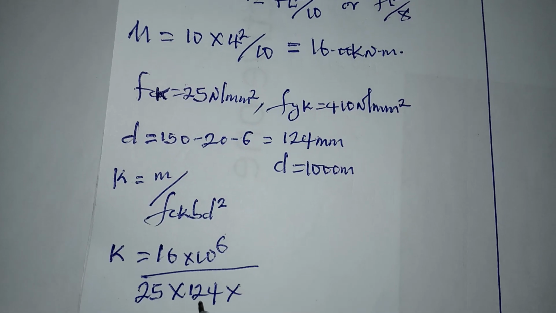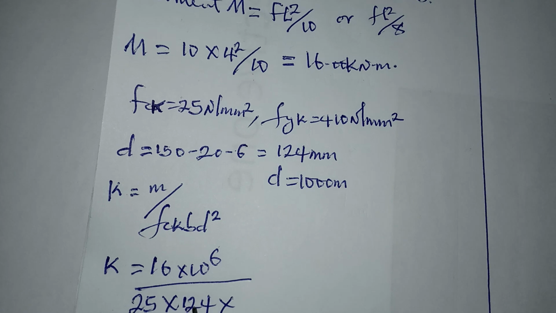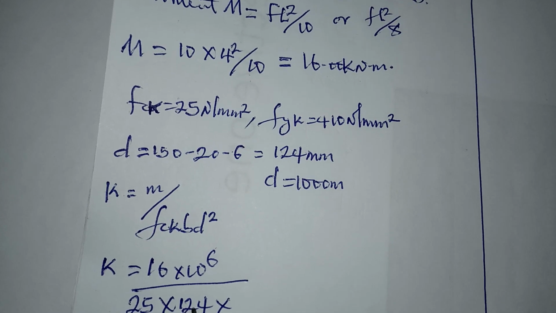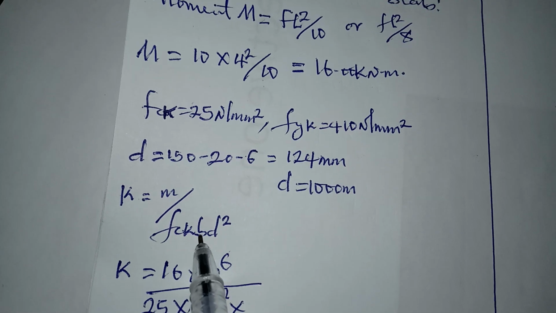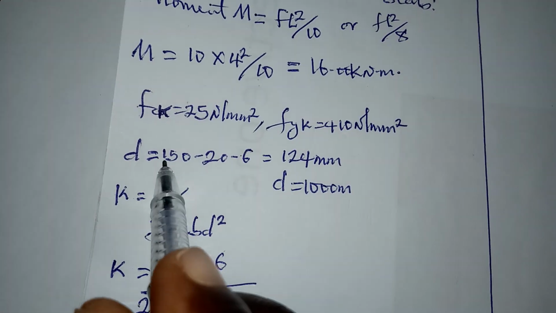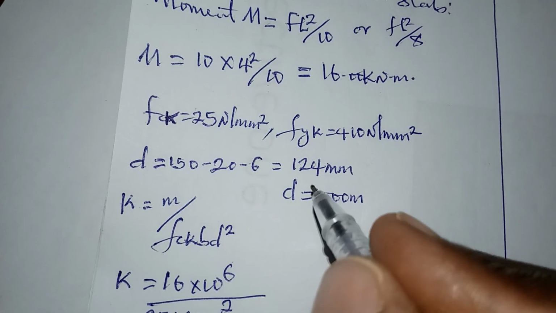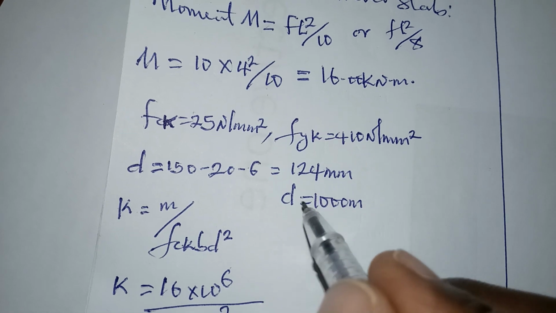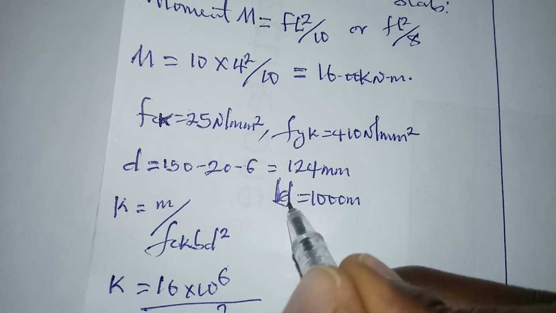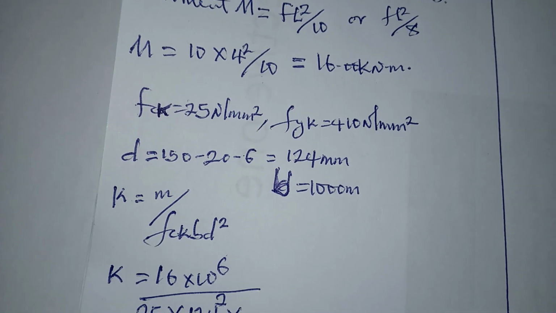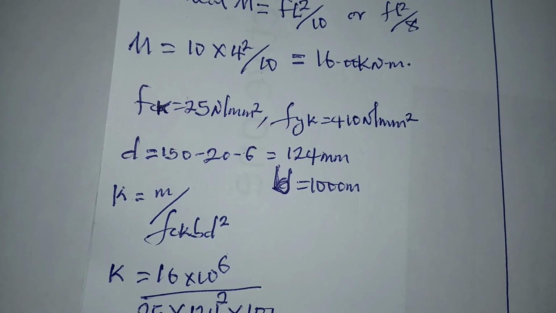Okay, so we are making a mistake here. This is our d, which is going to be squared, and our b, which is breadth, is 1000. So 124 squared multiplied by 1000.